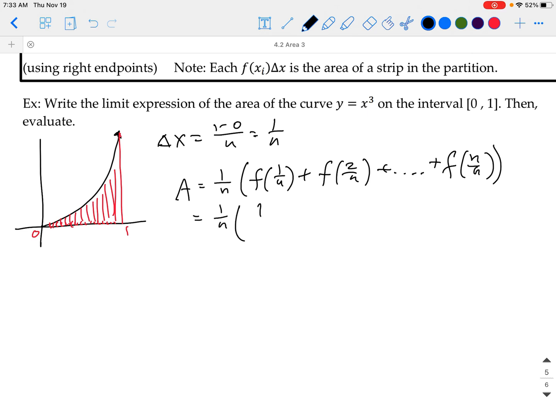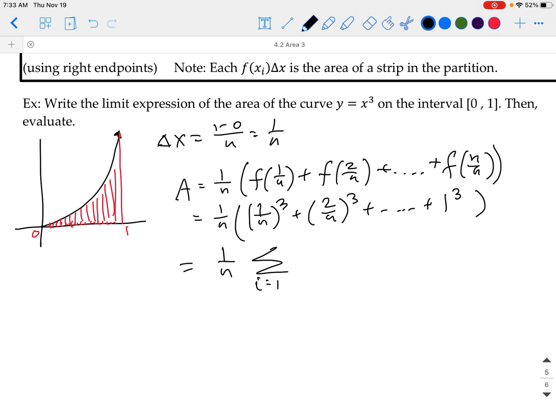So that's just going to be 1 over n, and then we'll have 1 over n cubed, 2 over n cubed, up to 1 cubed. But then we can rewrite that simply as 1 over n sum i equals 1 to n of i over n cubed, which then we can bring the 1 over n inside to make it look like f of x delta x.